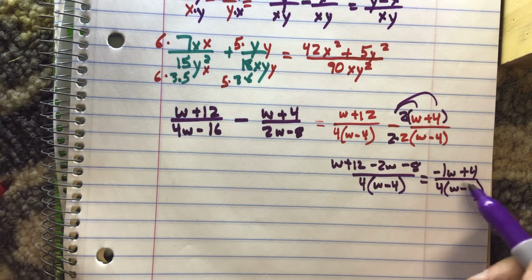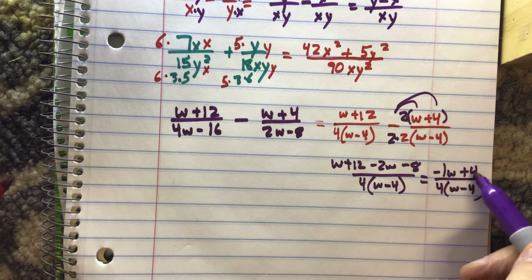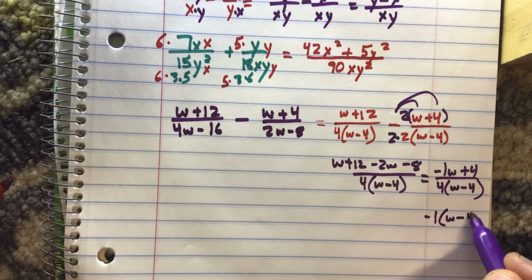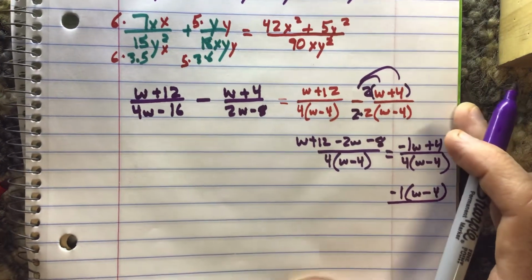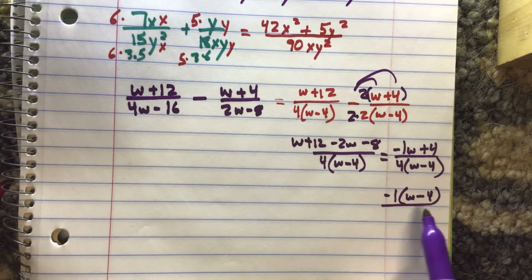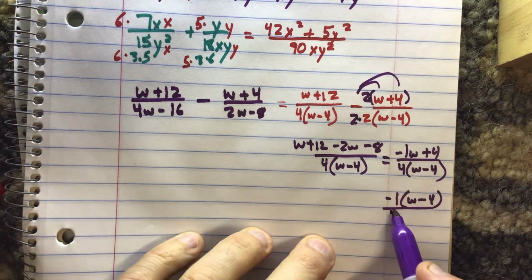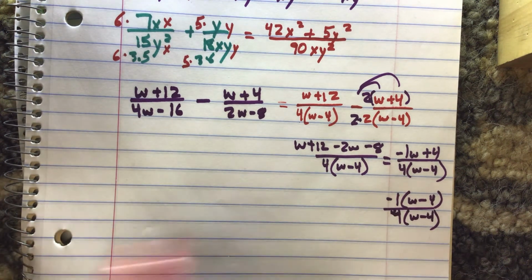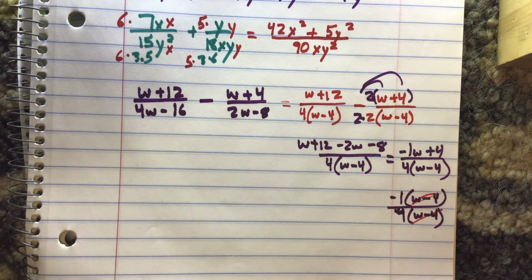And it's tempting to cancel these. They're almost the same. If you factor a negative 1 out of this, then you will have w minus 4 here, and you have 4 times w minus 4, and these cancel, and so the final answer is negative 1/4.